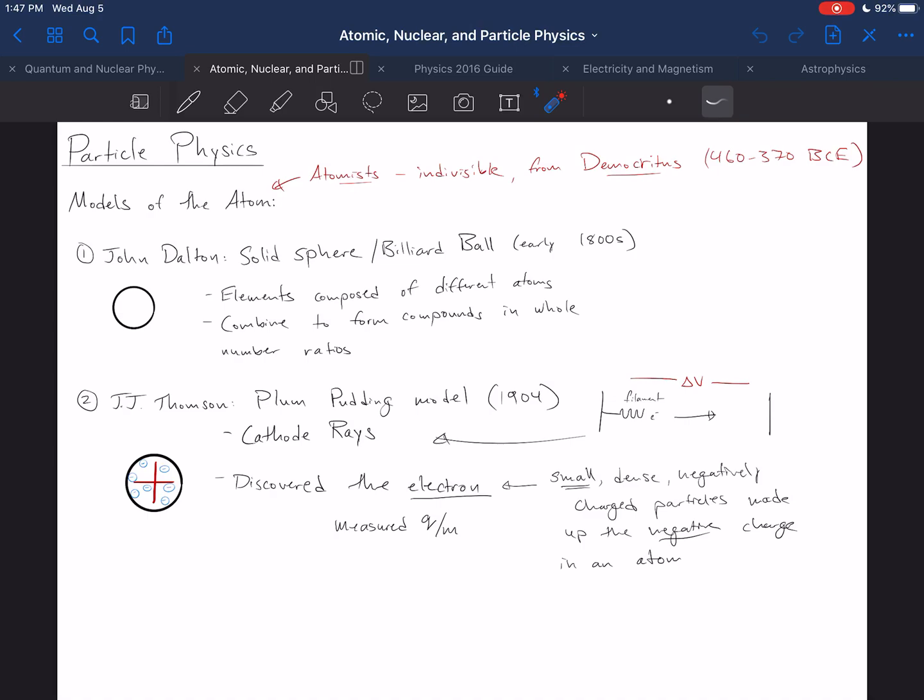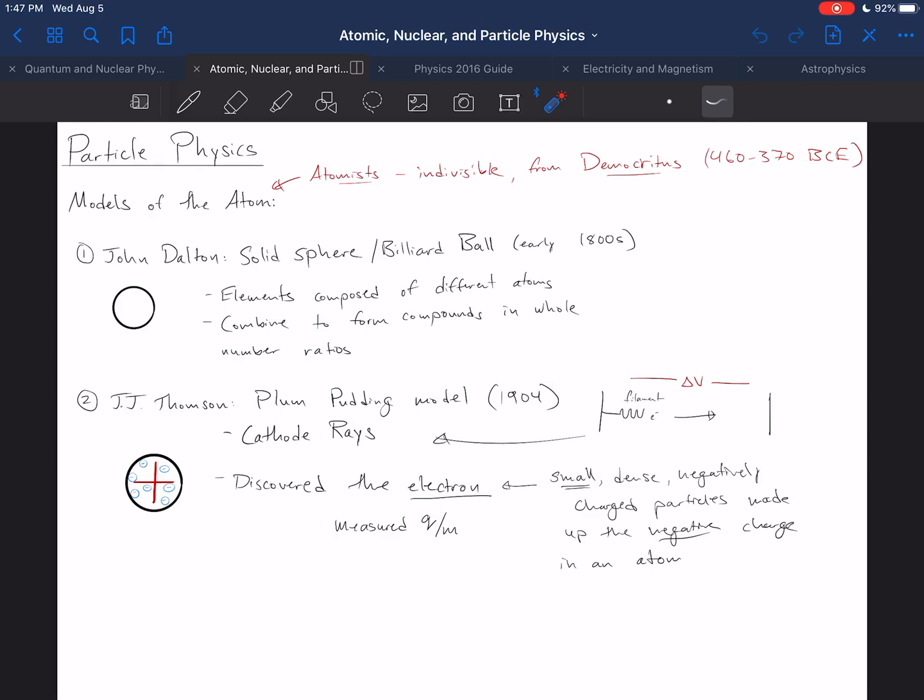This is the foundation of what we think of as modern chemistry and stoichiometry. You'll recognize that if they're combining to form compounds in whole number ratios, that is the essence of stoichiometry, that we can use that fact to predict outcomes for macroscopic variables like mass or volume.